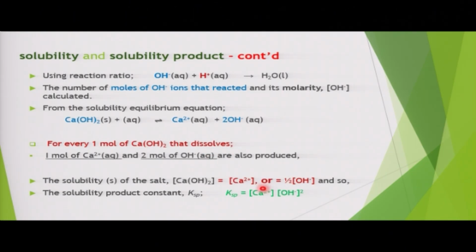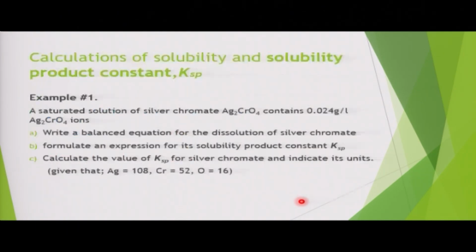So in this case, with that ratio, you can quantify the solubility, which would be the concentration of calcium ions, since it is 1:1, or a half of OH, since it is 1:2 in this case. We can't go without trying a calculation for you to understand what we are talking of. Let's look at that example and do a few calculations of solubility.